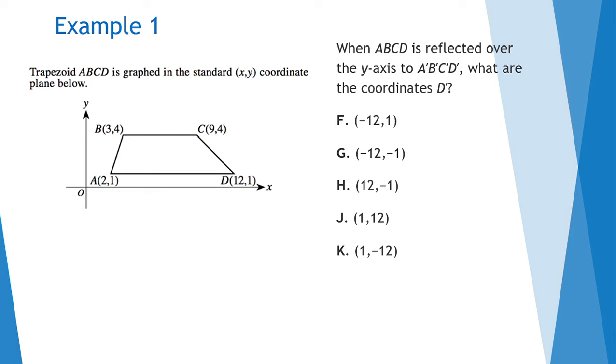That means I could reflect this entire shape over the y-axis, but since we're just trying to find coordinates D prime, I'm just going to reflect this coordinate right here over the y-axis to get my answer. Remember, when you're reflecting over the y-axis, you're going to make the x negative. So you're going to end up with negative 12, 1. So I think the answer here is F.